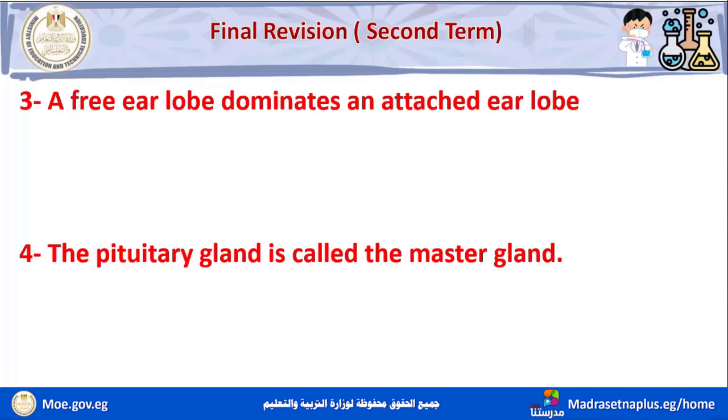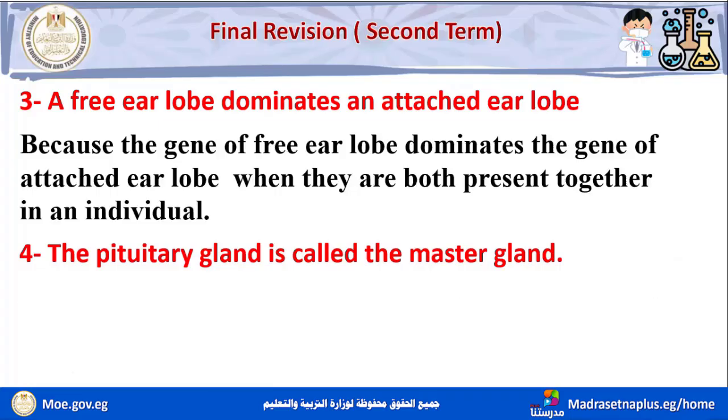Question number 3, a free earlobe dominates an attached earlobe because the gene of free earlobe, the dominant gene, dominates the gene of attached earlobe, the recessive gene, when they are both present together in an individual.